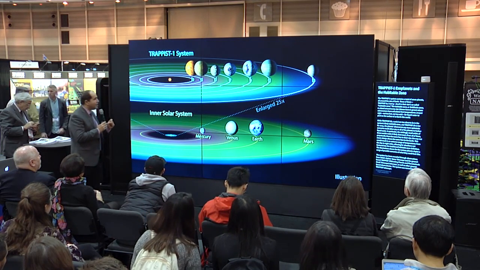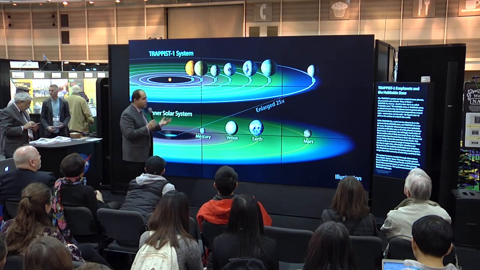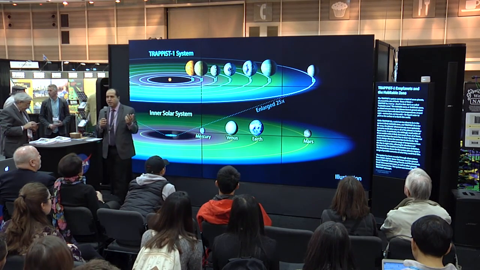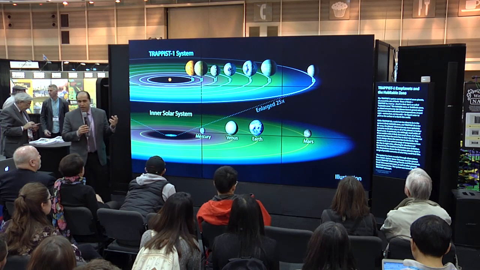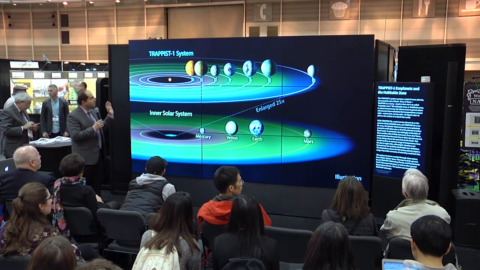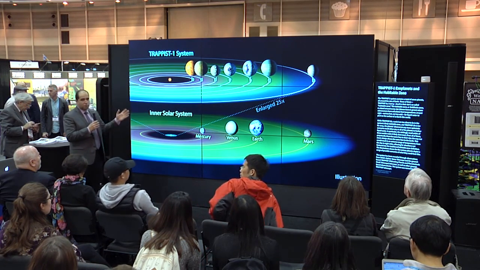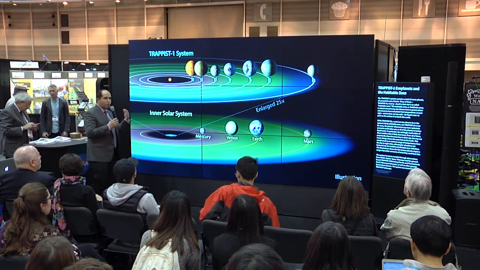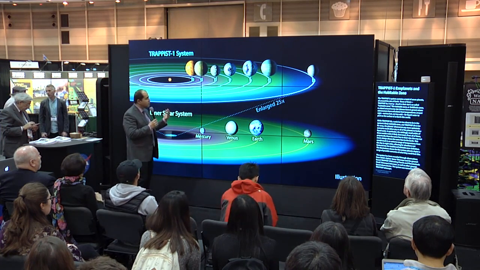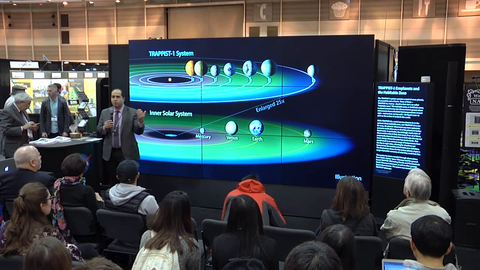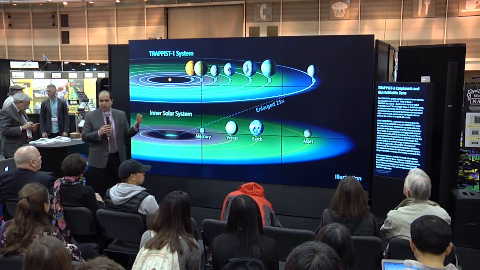And the last slide I have is talking about how we extrapolate what we've learned from Earth and Mars into defining the habitable zone of exoplanets. So at one time, we defined the habitable zone basically just on the distance away from the star.